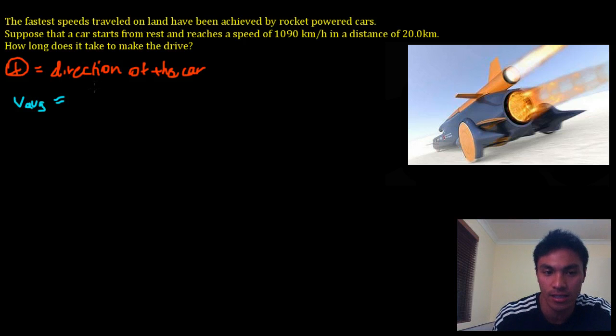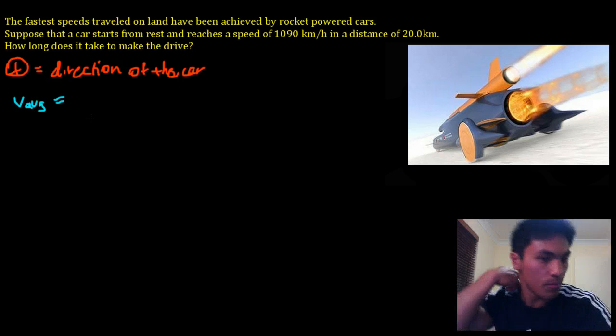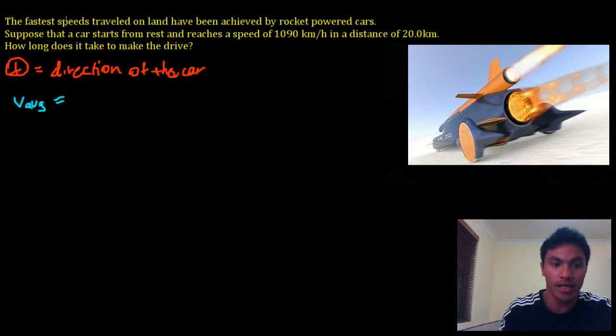In reality, it doesn't actually work that way. At one point it'll be fast and it'll reach a peak and then it'll plateau and it won't go faster anymore. But when you're calculating the average velocity, you want to assume that it's uniform, that it's constant.